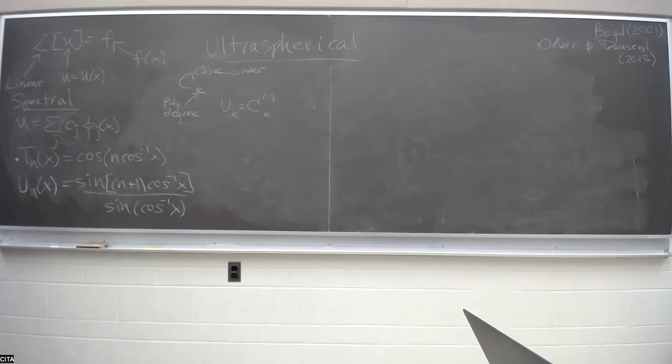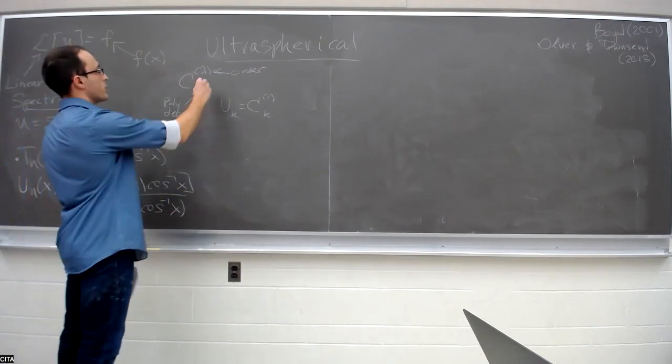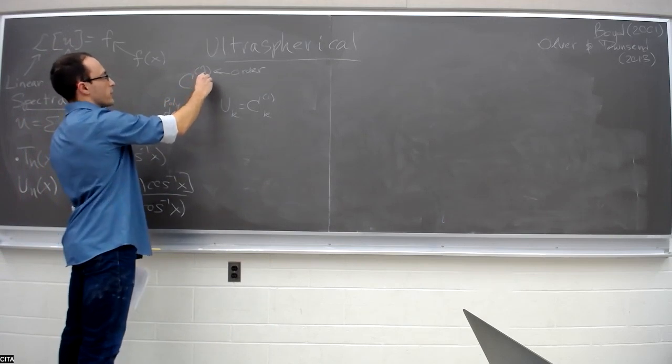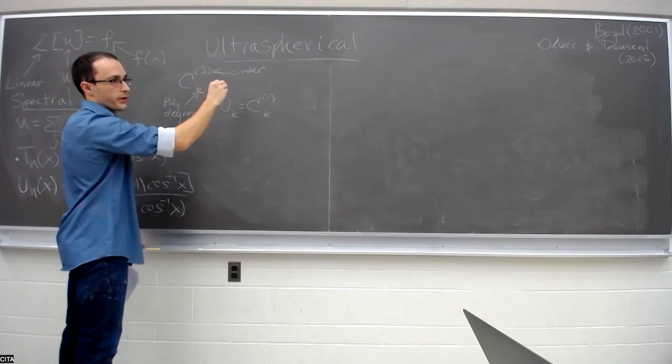The useful thing is that, as with Chebyshev polynomials of the first and second kind, there is a relationship between Gegenbauer polynomials of a given order, their derivatives, and the Gegenbauer polynomials of the next order up.